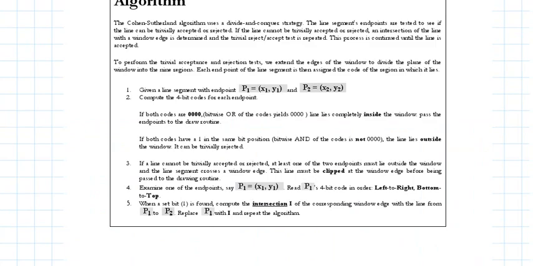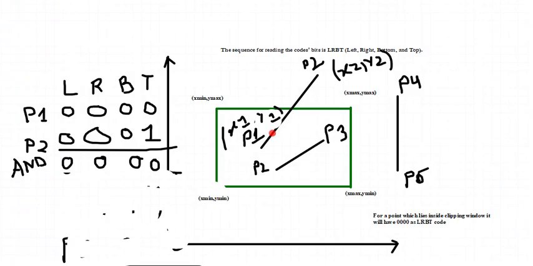Now again come back to the algorithm. If the line cannot be trivially accepted or rejected, then what happens? At least one of the two endpoints must lie outside the window and the line segment crosses a window edge, as it happened in case of our line P1, P2.